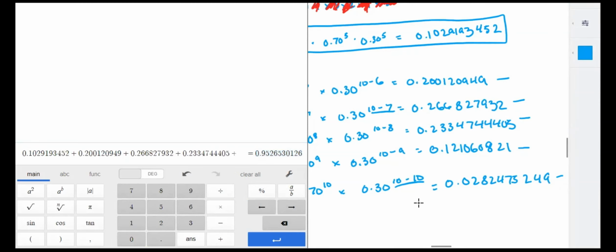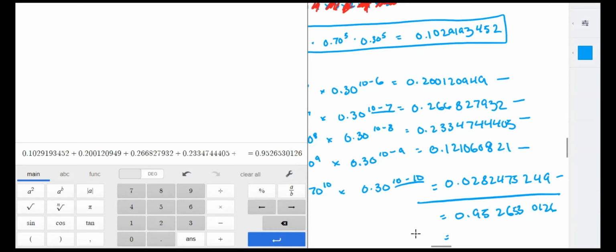Okay, so if we add all of them up, it looks like we get 0.9526532653012. Now that I've added them all up, I have all of my probabilities. Now I can round this. I'm going to round this to 3 decimal places.